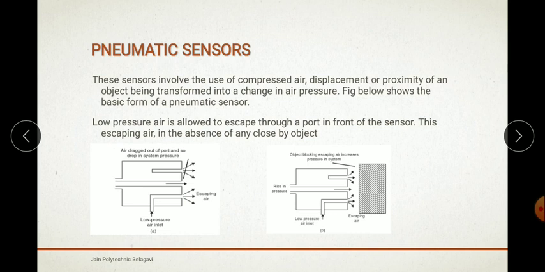Unlike figure A, in figure B the low pressure air is passed to the air inlet and you can see the escaping air, but the difference is that in figure B we can see an object blocking the air, where the pressure can be increased. By this the pneumatic sensor senses the pressure of the air by which the object is blocked.